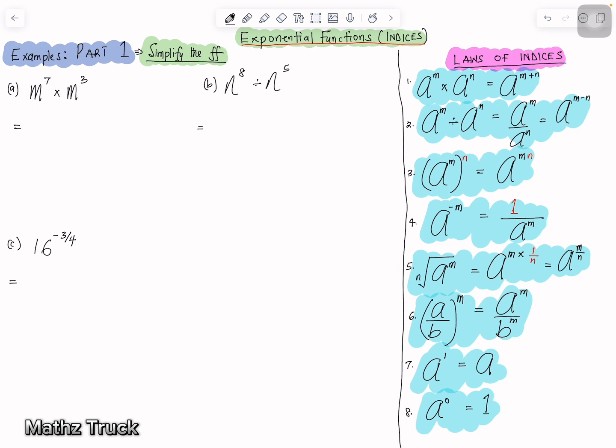This is part 1, and it says we should simplify the following. Now A, it says base m exponent 7 times base m exponent 3.